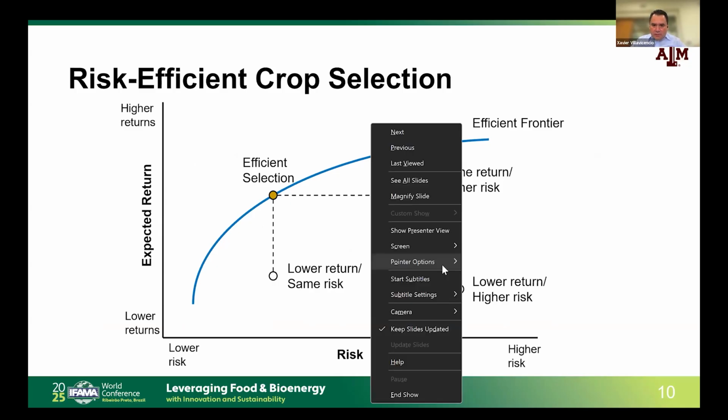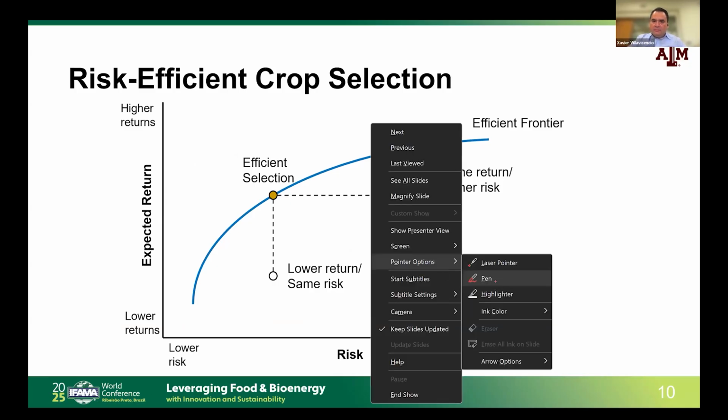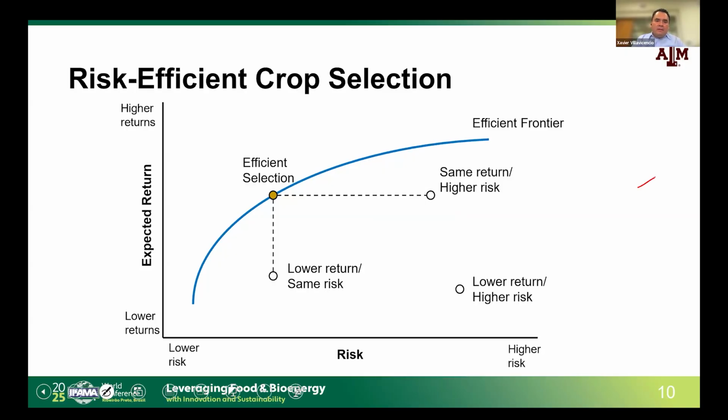There is a positive relationship between the expected return that a firm has and the risk associated with this decision. So we know that the higher the return we want, the higher the risk of that decision, if we are on the efficient frontier.